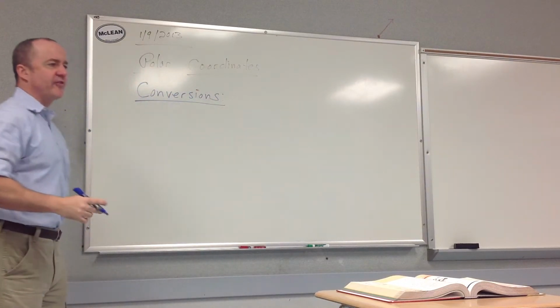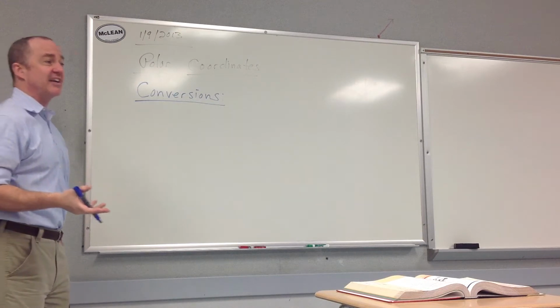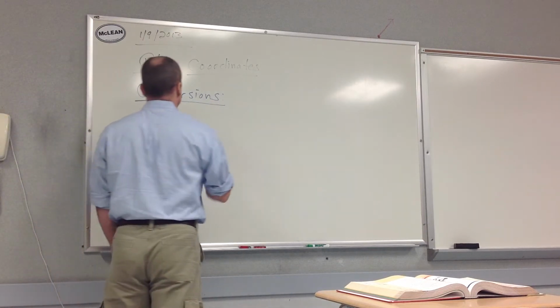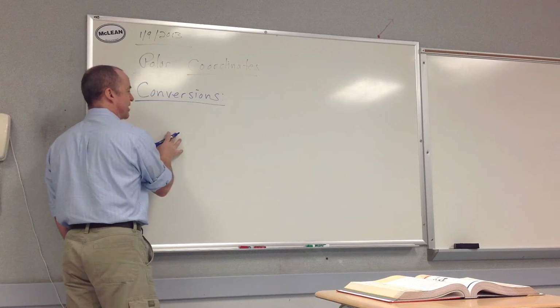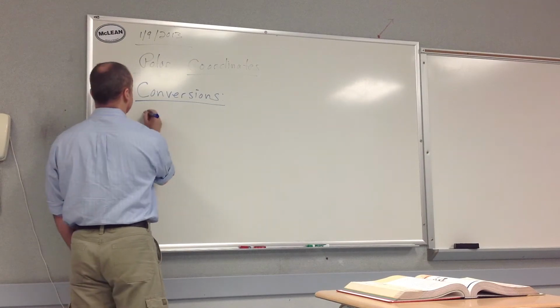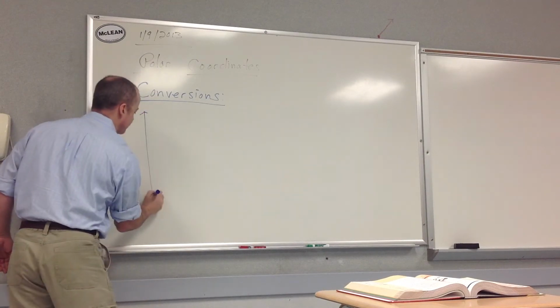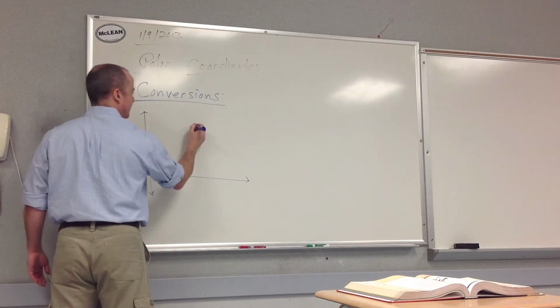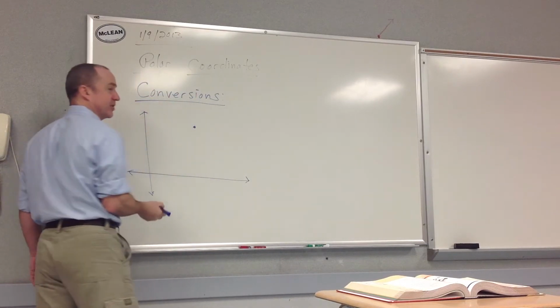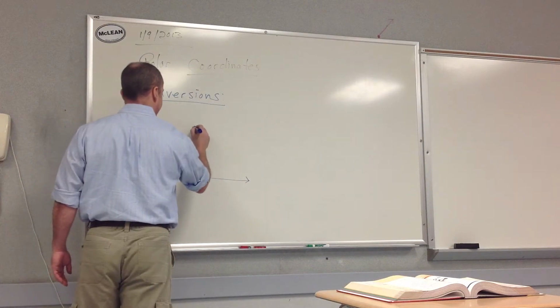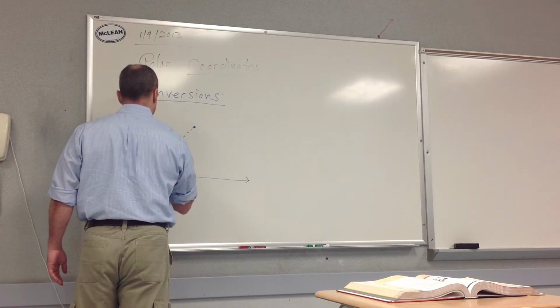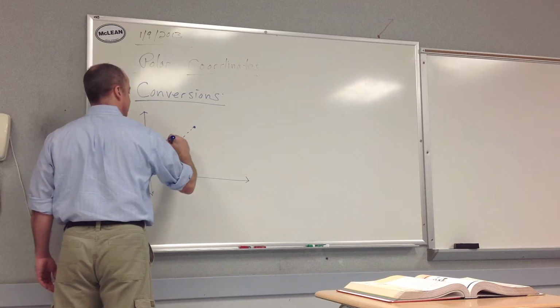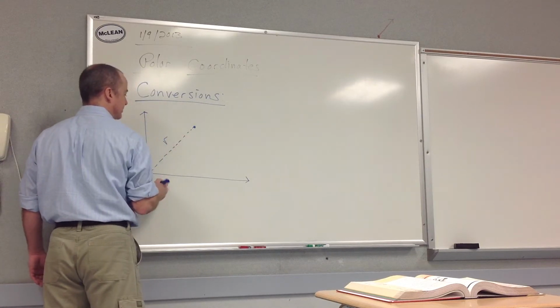Now, first, where polar coordinates actually came from. We talked about that a few days ago, so I'm not going to go back from scratch, but maybe I'll go back a little ways. If you talk about any point, I'm just doing quadrant 1 sort of at random, this can be any point anywhere, it will have a distance from the origin that we've been calling r.